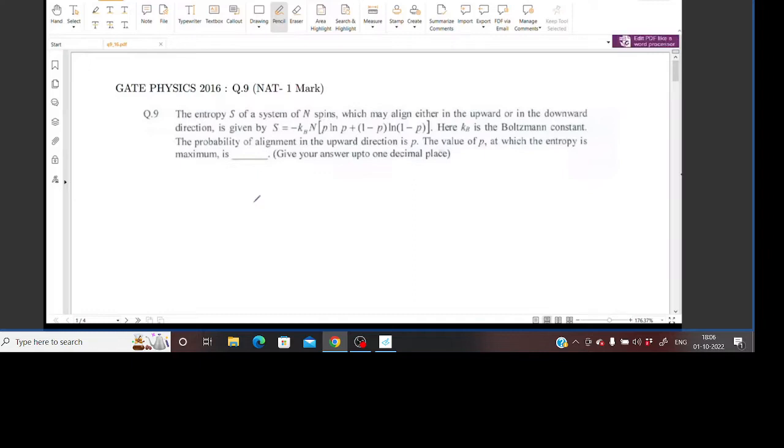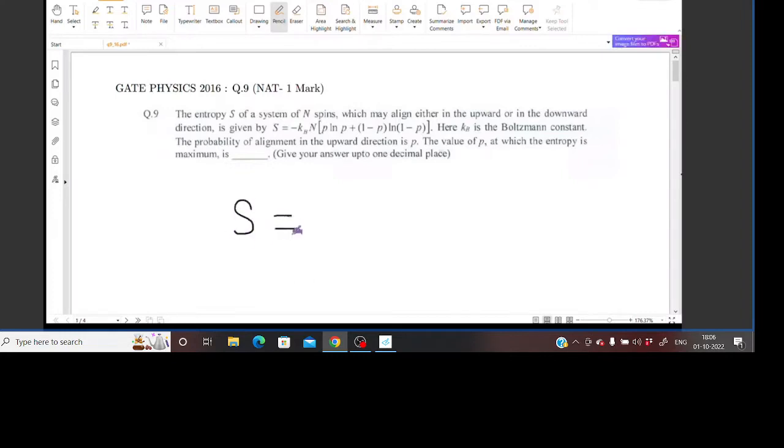Here kB is the Boltzmann constant. The probability of alignment in the upward direction is p. We need to find out the value of p at which the entropy is maximum. Let's solve this question.